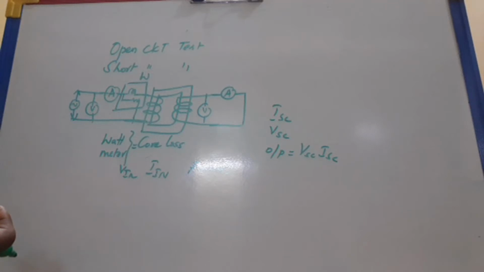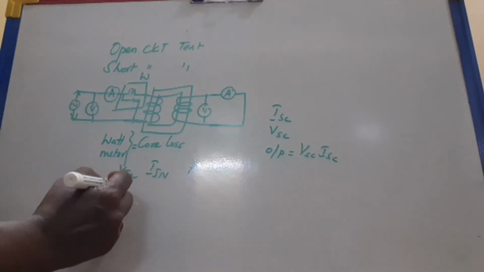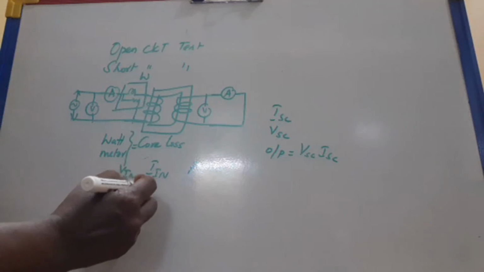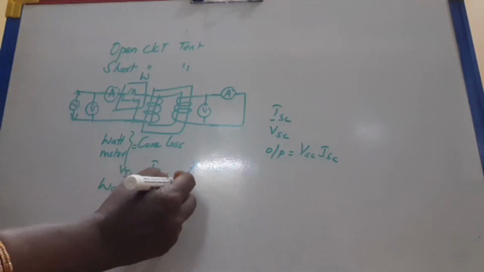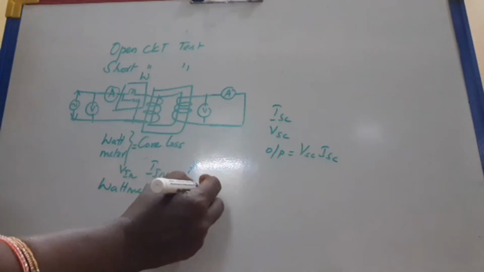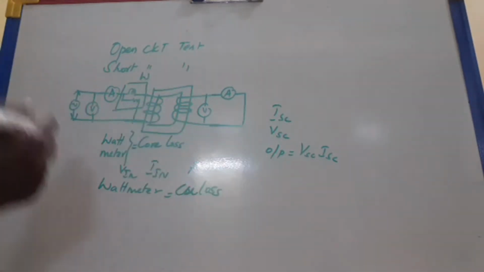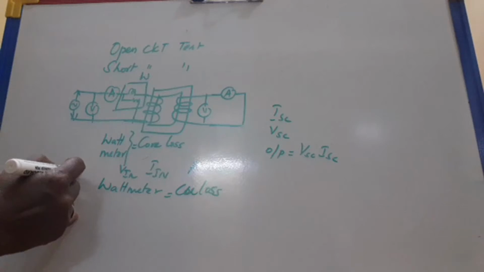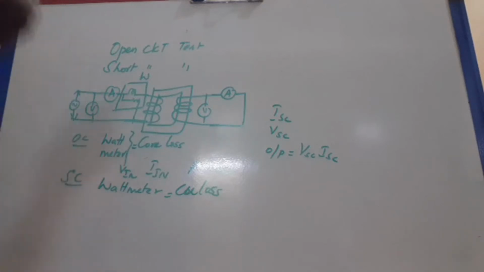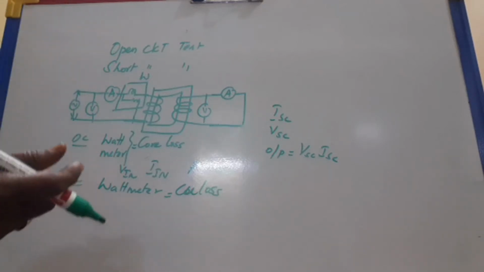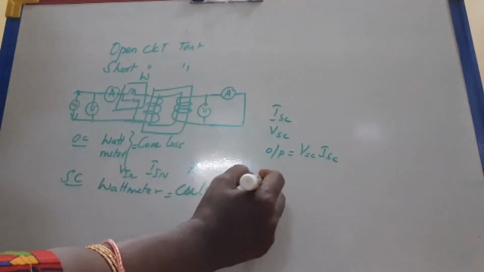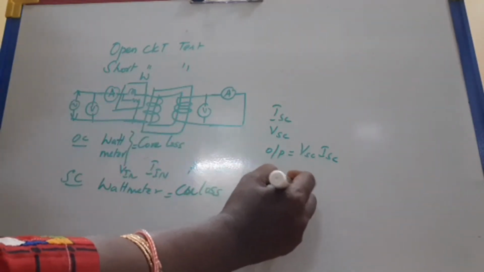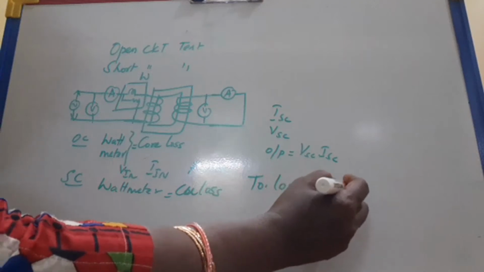Comparatively, the core loss will be lesser than the copper loss, so the wattmeter reading gives the copper loss. In the SC test, we get the copper loss; in the OC test, we get the core loss. So the total loss is core loss plus copper loss.